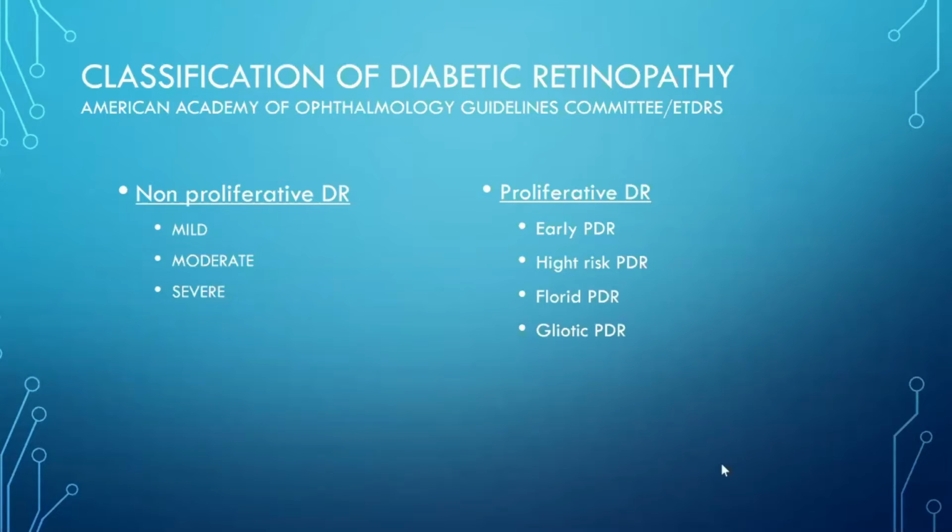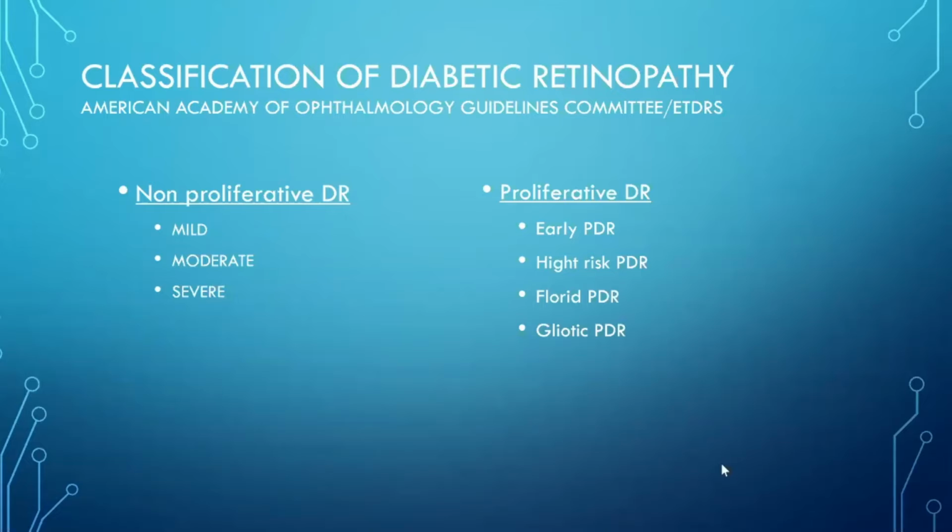Assessment for diabetic retinopathy. We have quite a number of classifications of diabetic retinopathy, as clinicians, as doctors, we deal with. I've just tried to mention the most common one, the American Academy of Ophthalmology Guideline Committee with modified ETDRS.